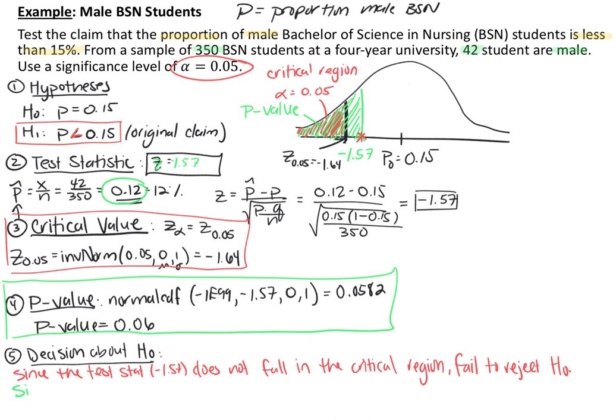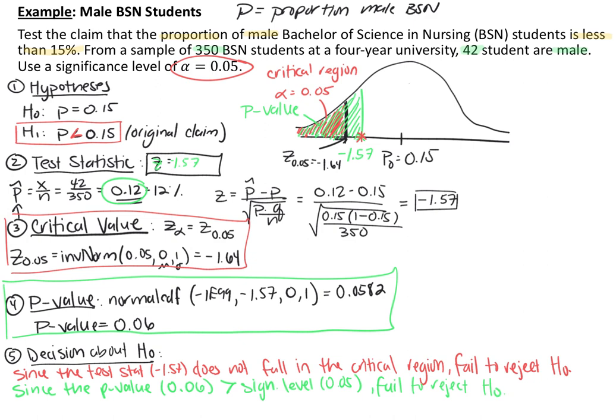So if I'm using the p-value method, since the p-value, which is just slightly larger than our significance level but is larger, is greater than our significance level of 0.05, we also fail to reject the null hypothesis.